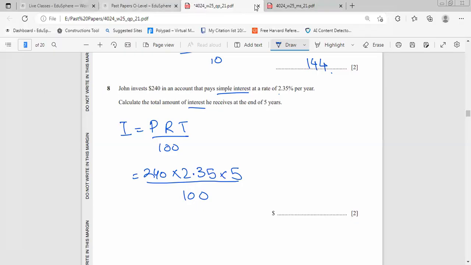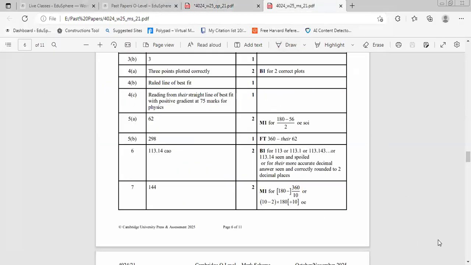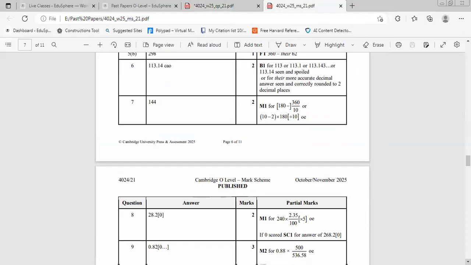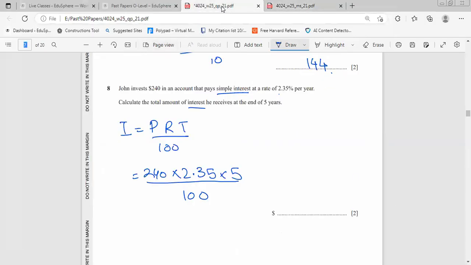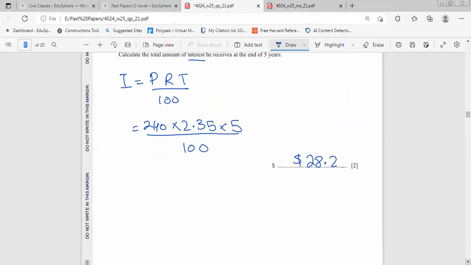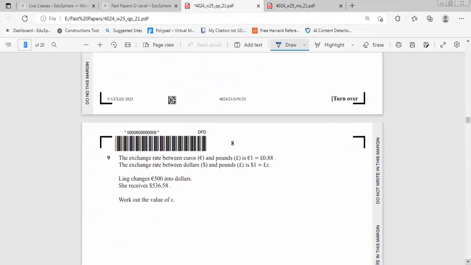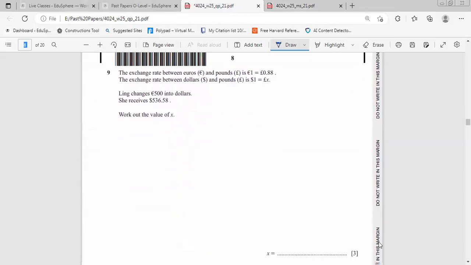Let me confirm the answer once again: $240 times 2.35 times 5 by 100. Yes, it equals $28.2.